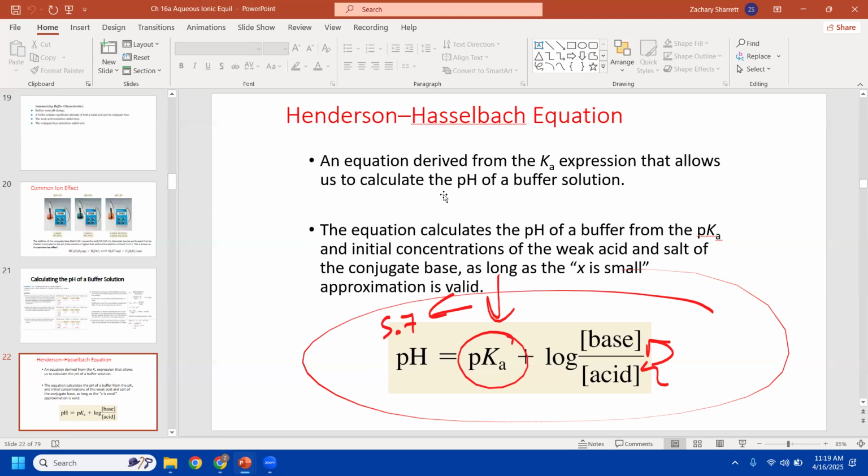But now we could resist 90 of whatever we have the 90 of, but we can only resist 10 of the other thing. So in general, an ideal buffer has closer to equal volume or concentrations of the acid and the base, because now it's an effective buffer in neutralizing both of those things, okay?